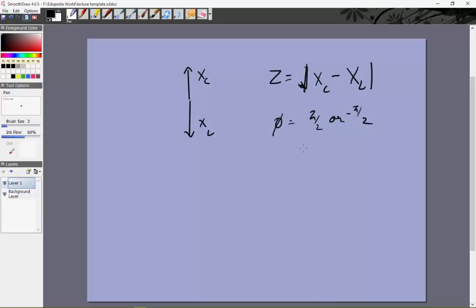In that case, if XC is equal to XL, there is no determinate phase difference, we cannot determine it, and Z is 0. So we reach the singularity where the analog of resistance becomes 0. Now, technically it does not really ever become 0 because energy is dissipated in other ways and you do not have an infinite amount of current, but practically it is very, very large.